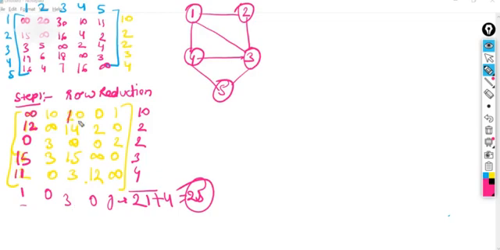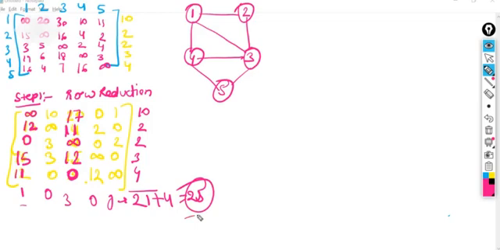Next, 3 reduce 17, then it will become 11, then it will remain infinity, 12 and 0. How can you say any adjacency matrix is in the reduced form? If every row and every column has at least one 0, then you can say that your adjacency matrix is in reduced form. So the reduced cost we have taken here is 25.